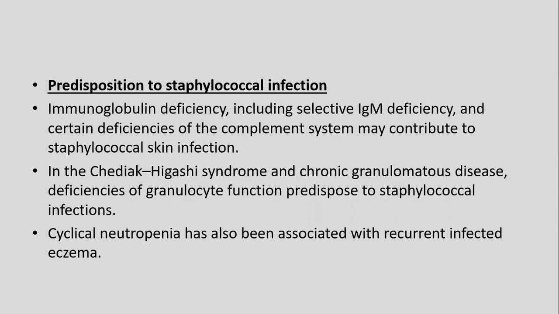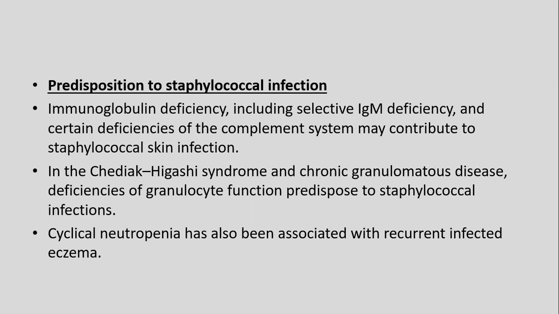Predisposition to staphylococcal infection. Immunoglobulin deficiency, including selective IgM deficiency, and certain deficiencies of the complement system may contribute to staphylococcal skin infection. In Chediak-Higashi syndrome and chronic granulomatous disease, deficiencies of granulocyte function predispose to staphylococcal infection.